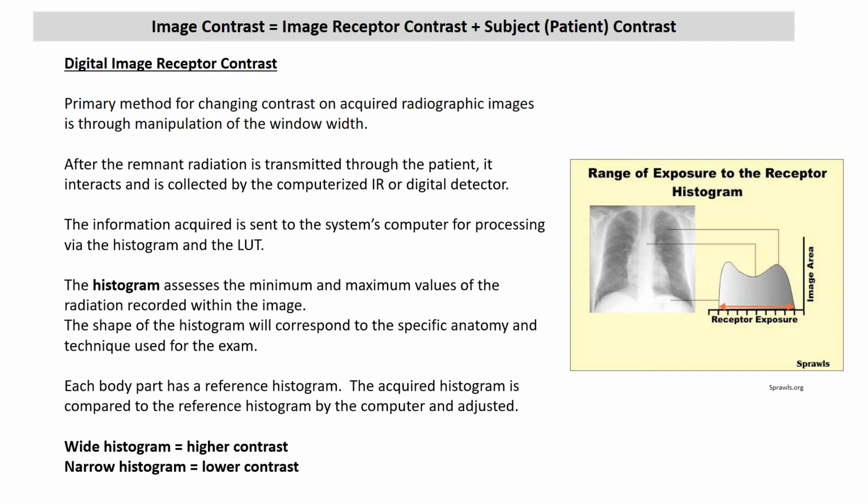How many photons did it take to achieve that? So the area is on your y-axis, and then your receptor exposure on your x-axis. And it's going to compare the acquired histogram, the one that you took, to the reference, I should say.